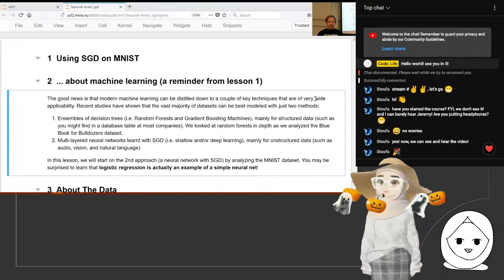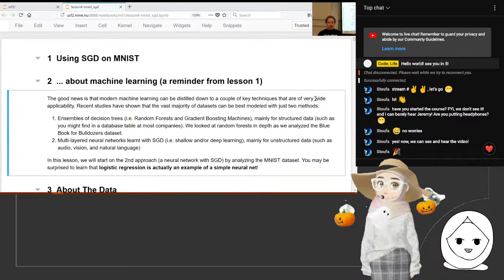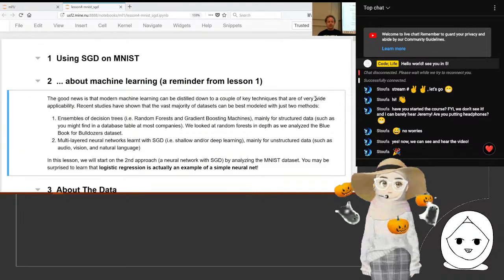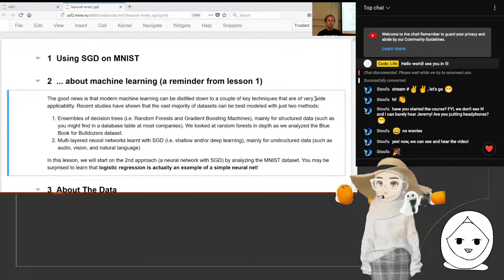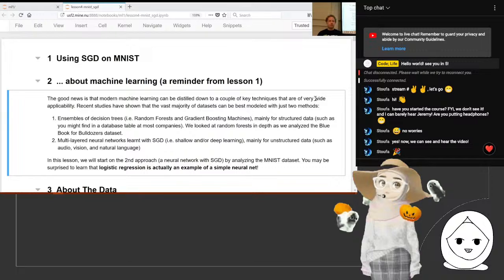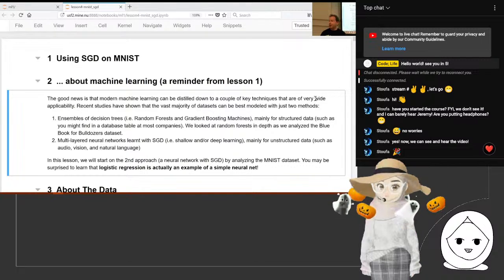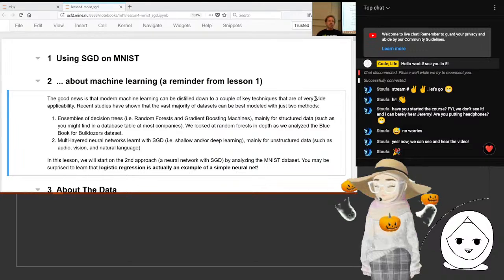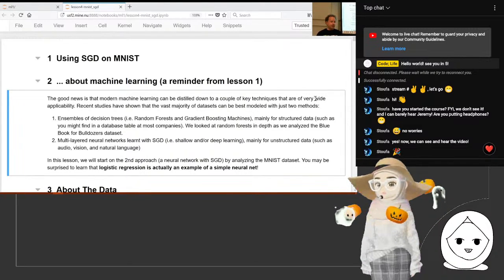So, as we discussed at the end of last lesson, we're moving from the decision tree ensembles to neural nets, broadly defined. As we discussed, random forests and decision trees are limited by the fact that they're basically doing nearest neighbors.